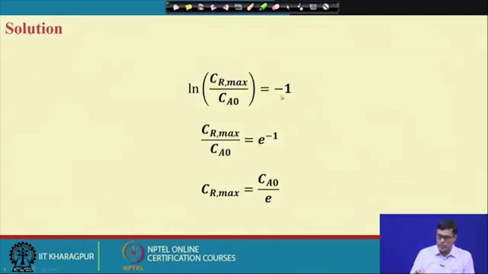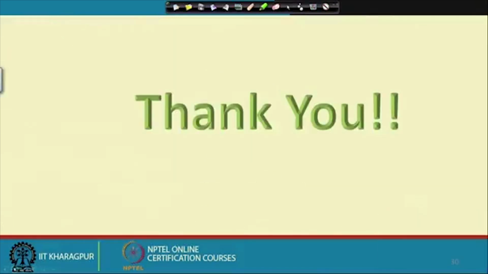Then taking ln out, CR max by CA0 equals e to the power minus 1, and CR max equals CA0 by e. So, this is how we can solve this equation by the other approach, but I feel that the first approach might be comparatively easier as compared to the second approach.